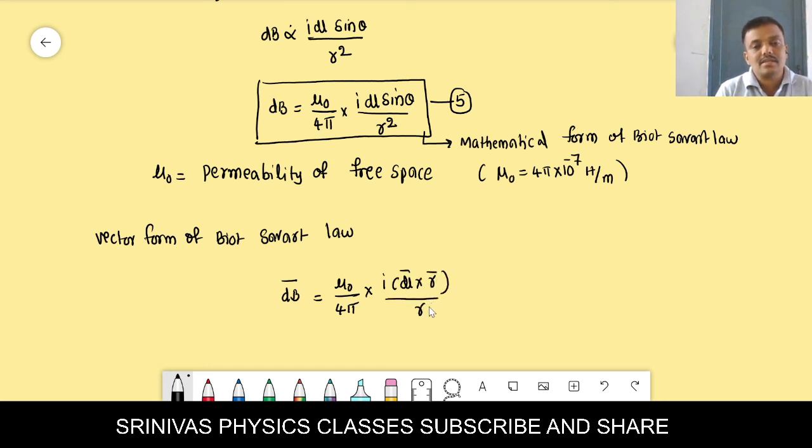This is the vector form of Biot-Savart law.